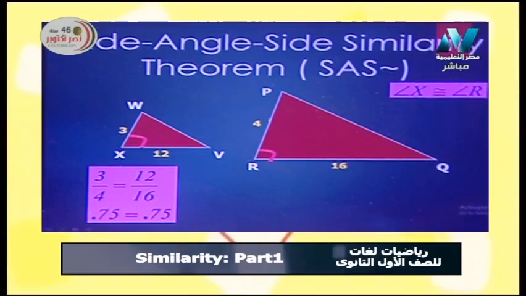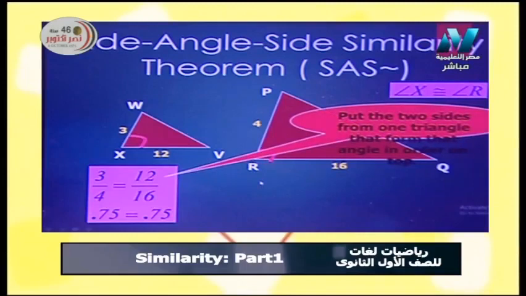That's the secret of SAS, side angle side: the angle is included by the two sides which are proportional. So if we say, as an example, measure angle X doesn't equal measure angle R, but measure angle W equals measure angle P, they will not be similar, because the angle must be the included angle between the two sides.